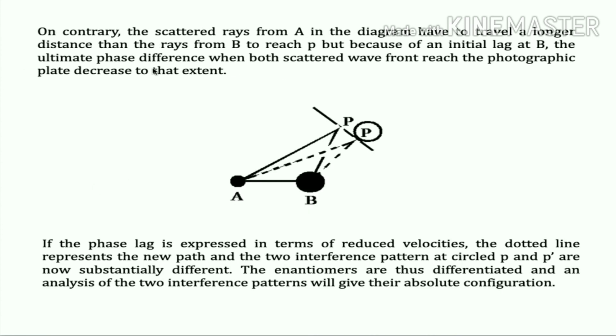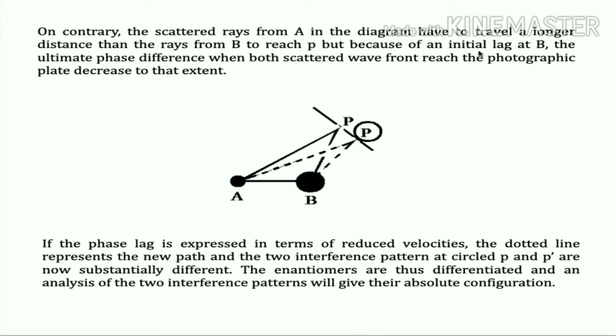On the contrary, if I take the other enantiomer in this diagram, the scattered rays from A have to travel a longer distance than the rays from B to reach the photographic plate.